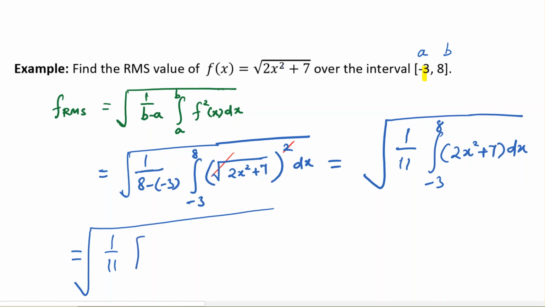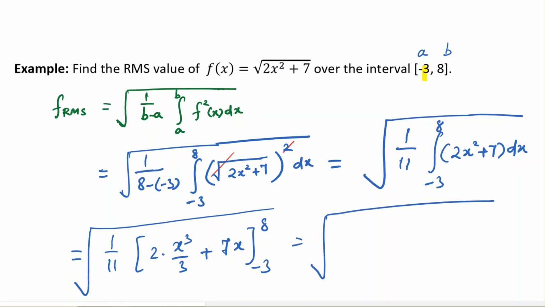So the integral of x squared is x cubed over 3, the integral of 7 is 7x, and the limits of integration are from -3 to 8. In the next step we plug in the limits, and we get 1 over 11, 2 over 3 times 8 cubed plus 7 times 8.